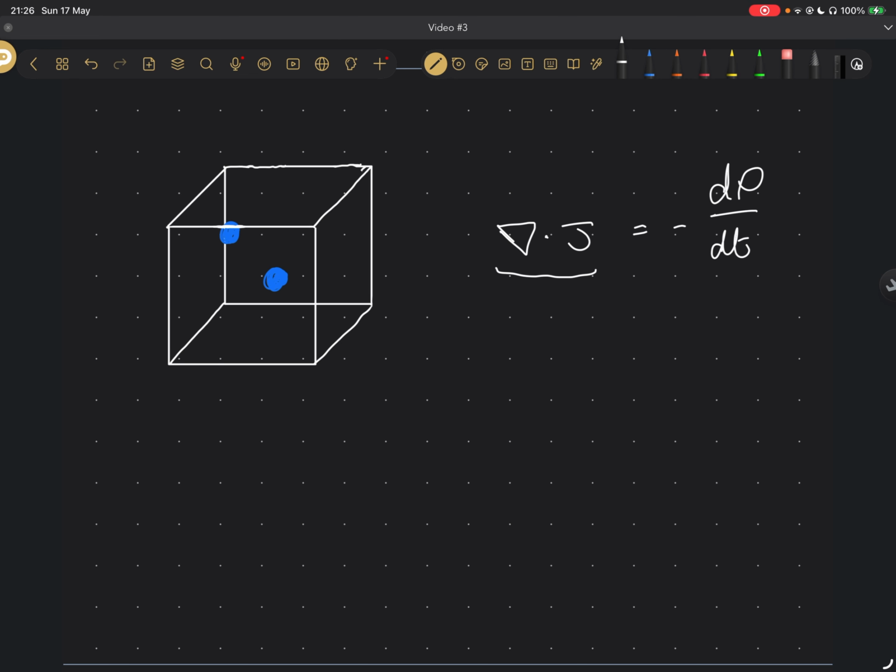And so yes, as less water remains inside, the outward flow decreases. The flow of water is related to the changes inside the balloon. The continuity equation is charge conservation.